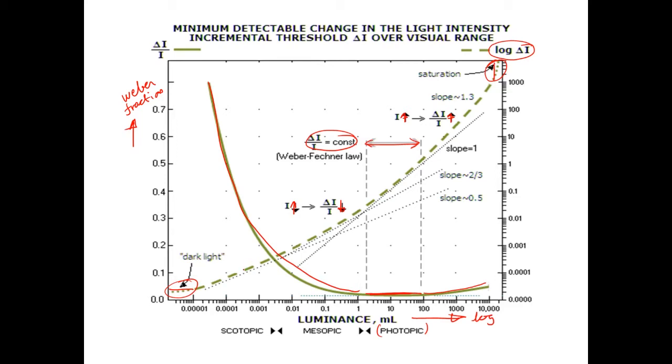In between, you can see that the slope is slowly changing from 0.5, and then it becomes 1, and then it becomes more, and then 0.75, and then it increases to 1.